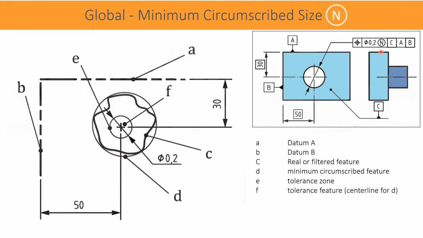This symbol represents that the position of the shaft, that is the axis of the shaft, is calculated when the shaft diameter is measured with the minimum circumscribed circle method. The minimum circumscribed circle is drawn through the points which are the outermost points, or we can say that all points are inside or on the circumference of the circumscribed circle. In this drawing, the red colored profile is the actual shaft and the blue colored one is the minimum circumscribed circle feature.